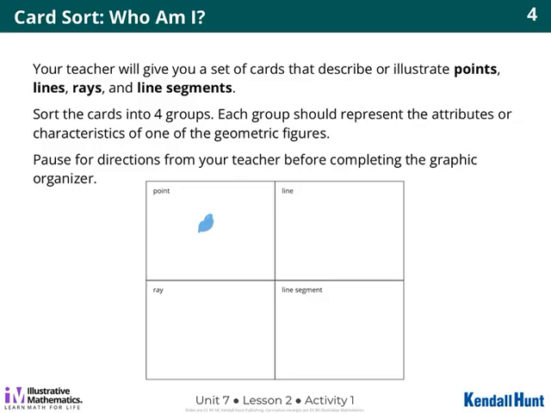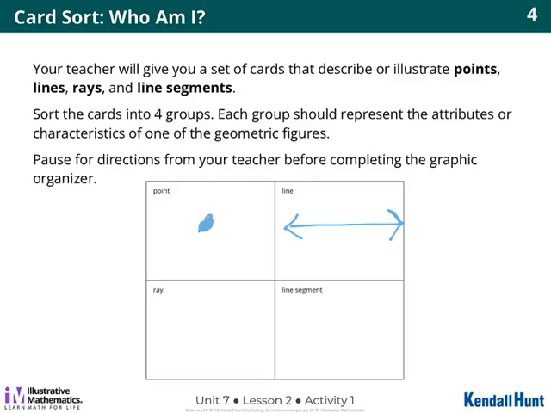I extend indefinitely in 2 directions. That's also a line. Infinite. I often have arrows to show that I keep going in 2 directions. So you should also have this symbol.